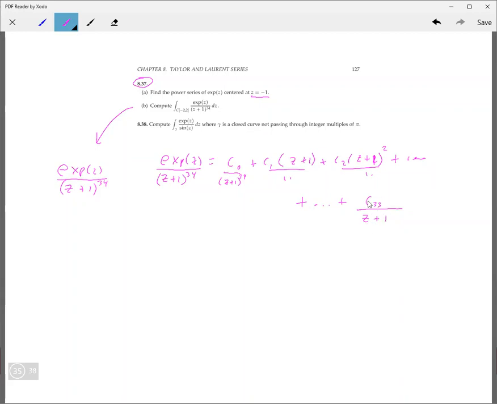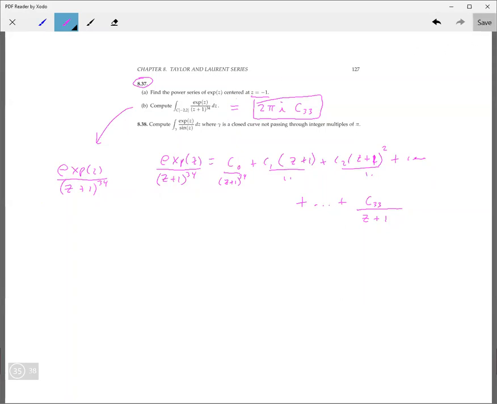The integral is going to be 2 pi i times whatever that one is. You don't have to figure all the values out, just that one, what's c33?